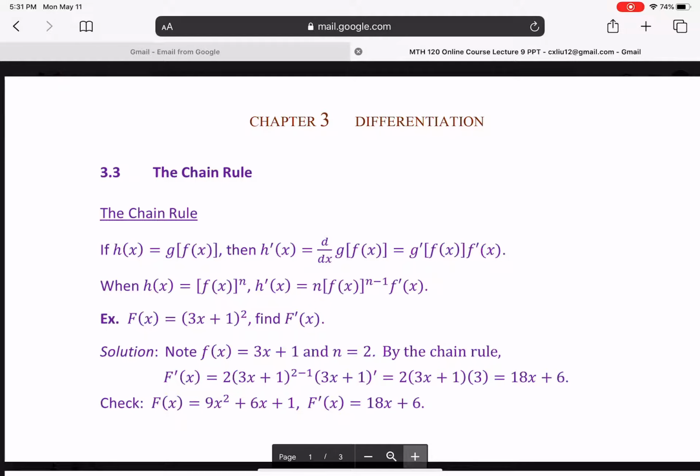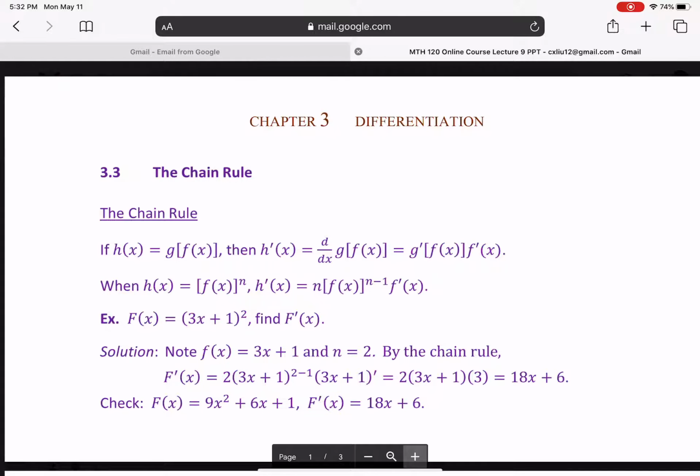So in this case, f of x equals 3x plus 1 and n equals 2. So using the chain rule, we got F prime equals 2 times 3x plus 1 to the 2 minus 1 times the derivative of 3x plus 1. So we get 2 times 3x plus 1 times 3, which is 18x plus 6, if we simplify it.